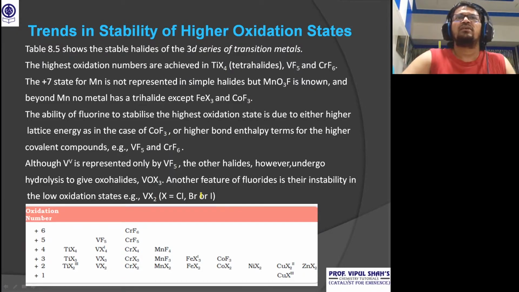Now see here, the highest states are with respect to VF5, CrF6, and in 3d the maximum is Mn, with the +7 state. And the highest states are generally with fluorine, or with oxygen. Why? Fluorine shows only one oxidation state.